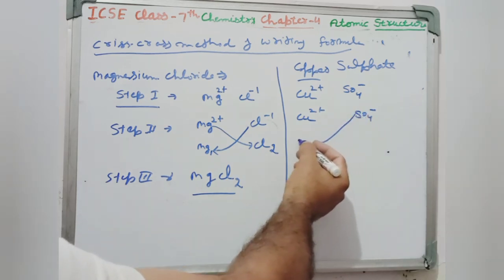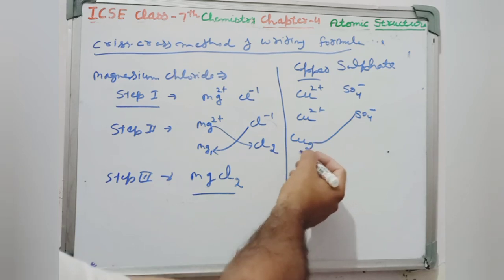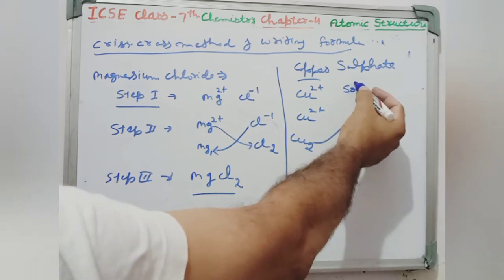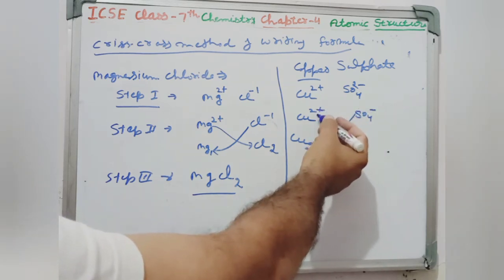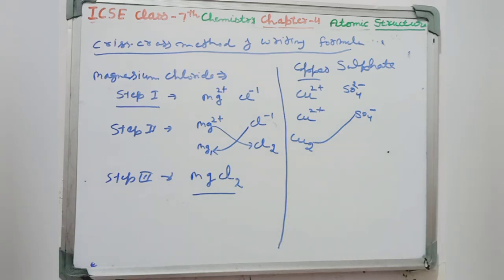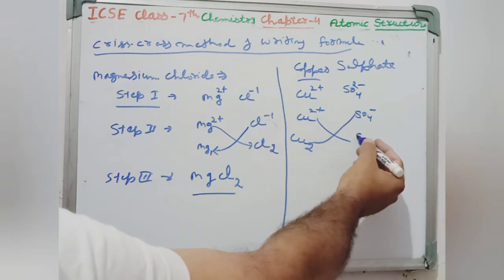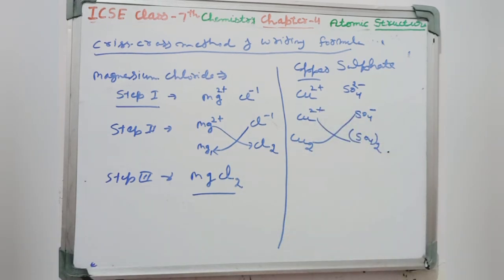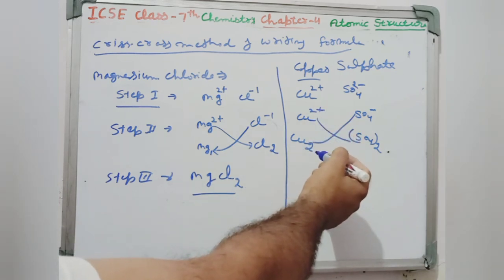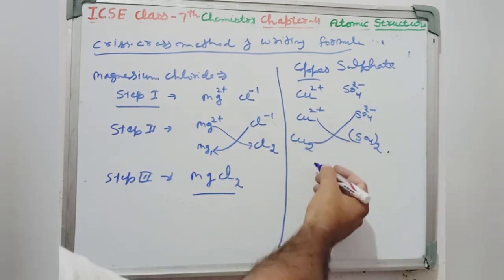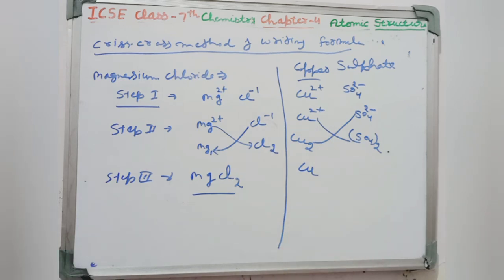The 2 from SO4 goes to Cu, and the 2 from Cu goes to SO4, irrespective of sign. Now our Cu valency shifts to the lower right side, and the SO4 valency shifts to the lower right side of SO4.